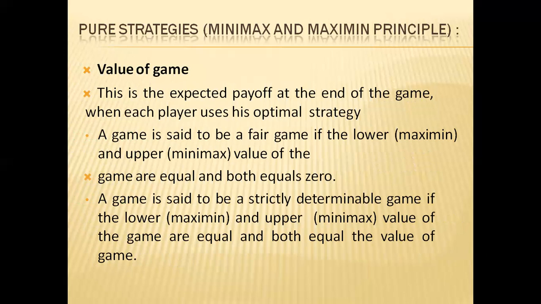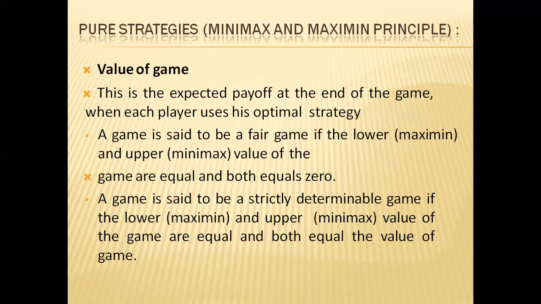So in these pure strategies, what is the value of the game? This is the expected payoff at the end of the game when the player uses his optimal strategy.